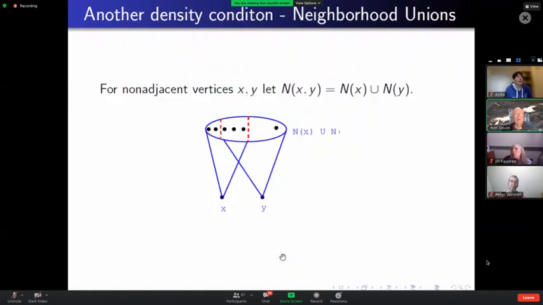There we go. All right, so I'm going to use the notation that N of x, y is just the union of the neighborhood of x and the neighborhood of y. You can think of it as a density condition that opposes the degree sum condition in that the common overlap vertices are only counted once, not twice like in degree sums.